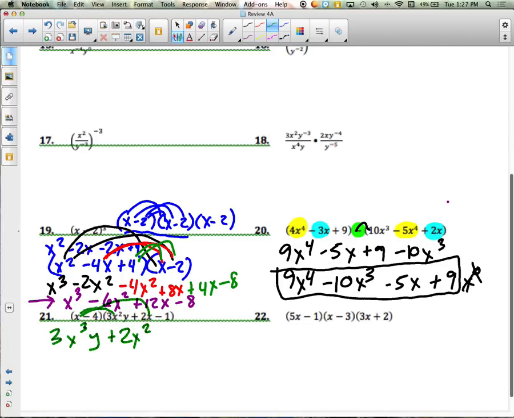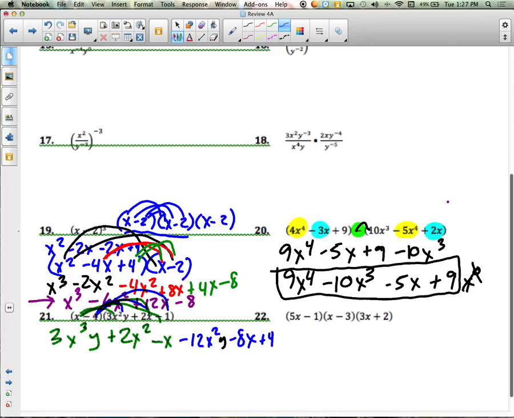And then x times a negative 1 is negative x. Then I will take my negative 4 and distribute it. Negative 4 times 3x squared y is negative 12x squared y. Negative 4 times 2x is negative 8x. And then negative 4 times negative 1 is positive 4.